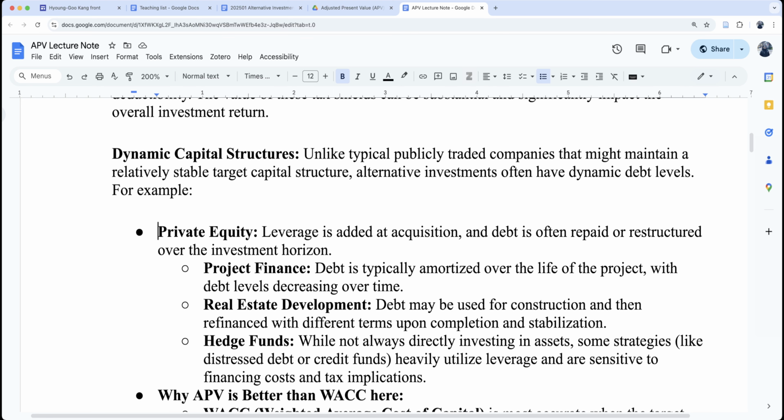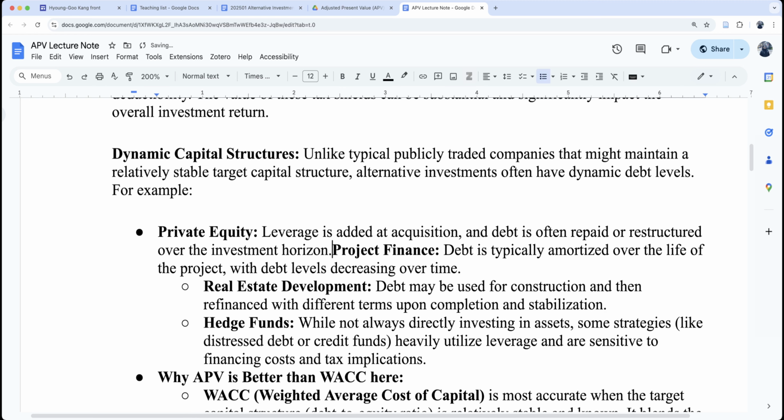Again, there are three ways private equity creates value: operational engineering, financial engineering, and governance engineering. This part is the financial engineering part. By separating out the financial engineering part, you can also have a clear idea about the other parts: operational engineering and governance engineering.